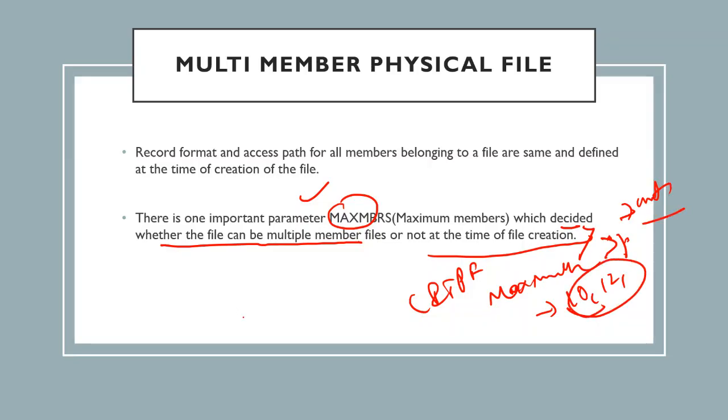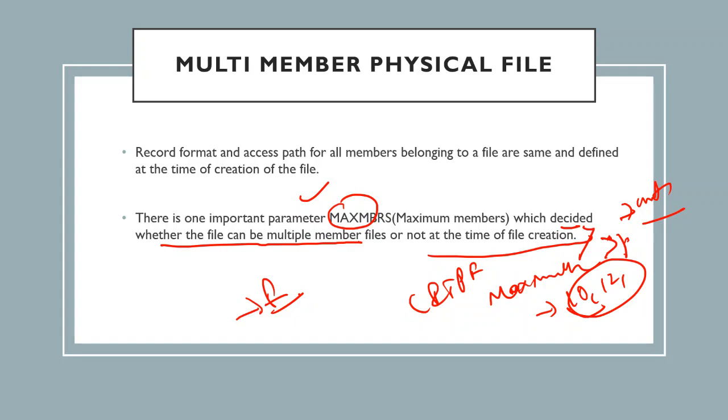If you don't give any member count, the file itself has one member, and that member name is the same as the file name.